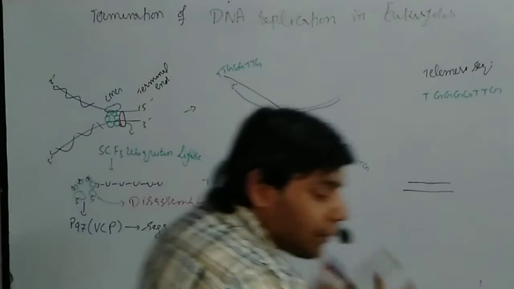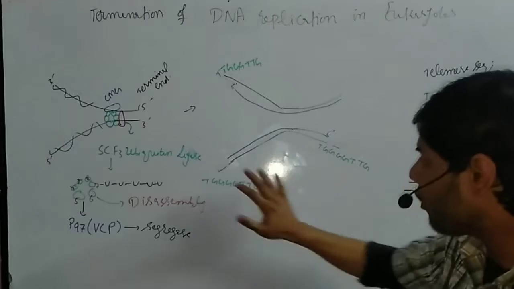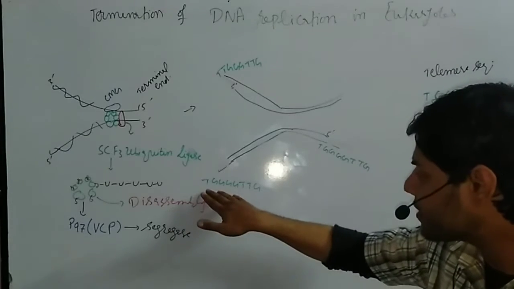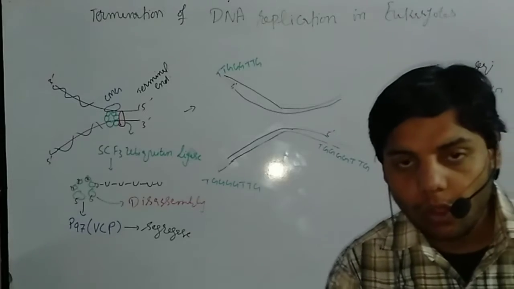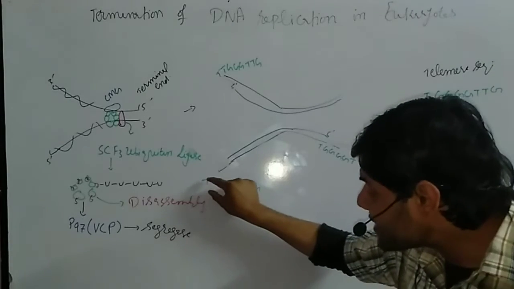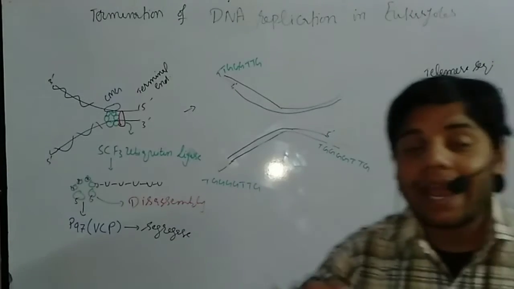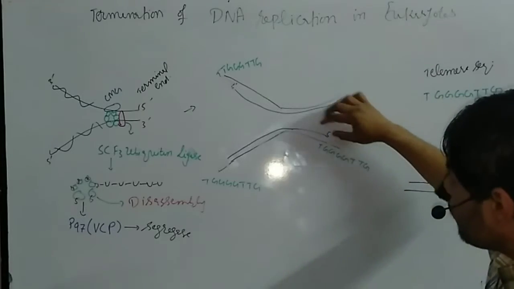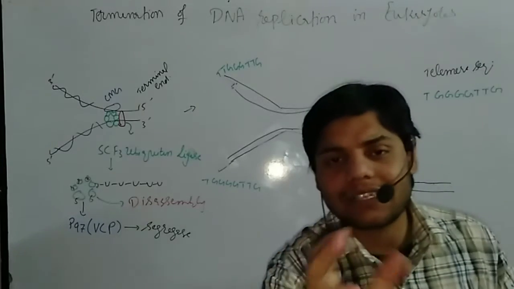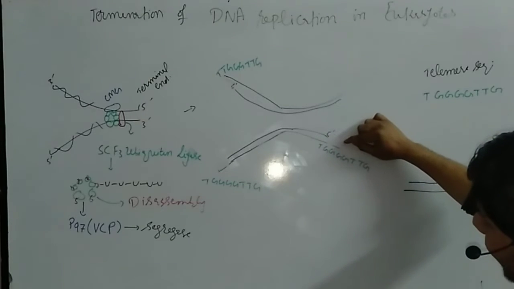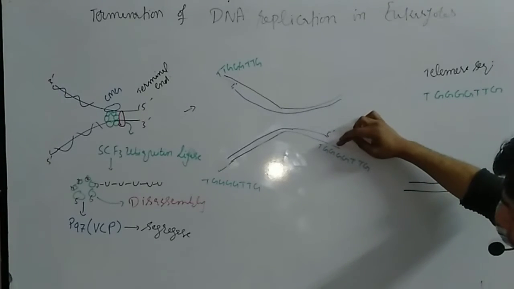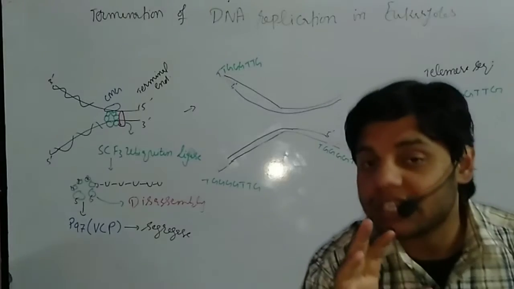So at the terminal end of the DNA, there are sequences which we call telomere sequences, as you can see. Now these telomere sequences are present, and the newly synthesized strand is short. That area should also be synthesized, meaning there is also some information present.